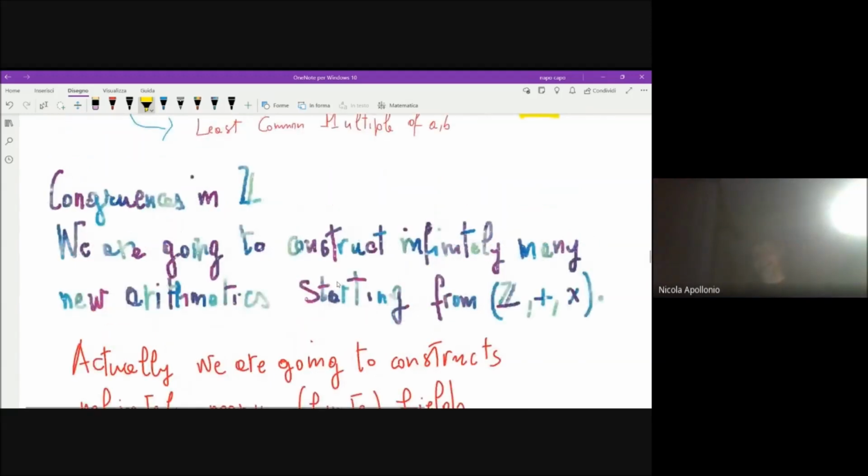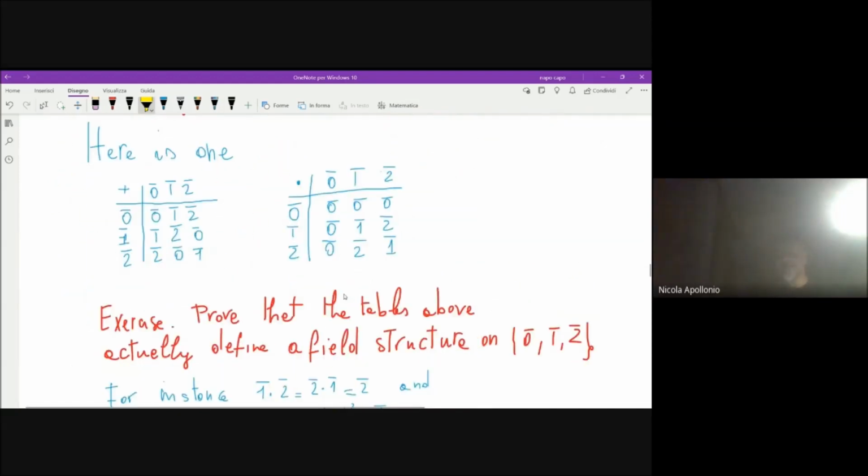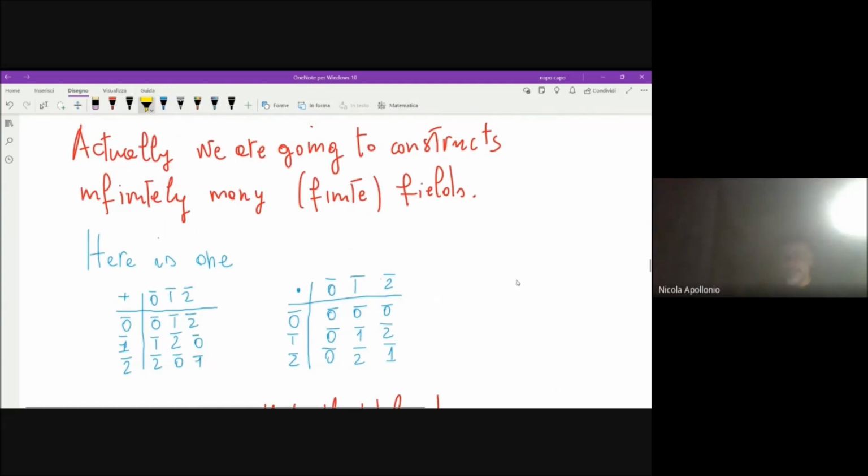Now we are going to construct infinitely many new arithmetics starting from Z. By arithmetics, I mean something which is defined by a couple of tables, one for the addition and one for the multiplication.